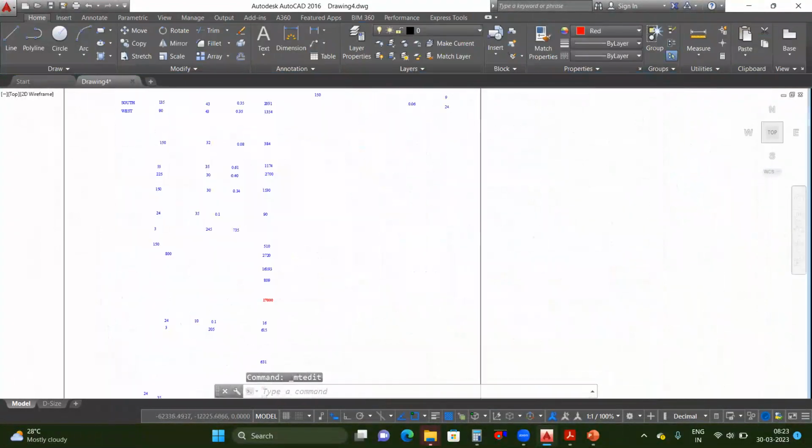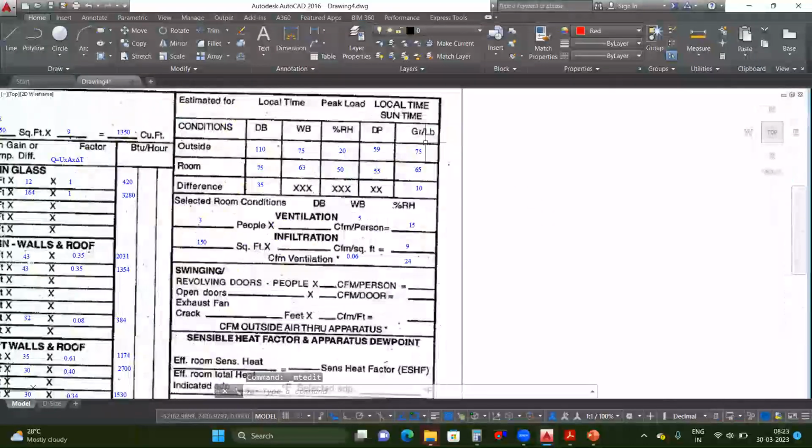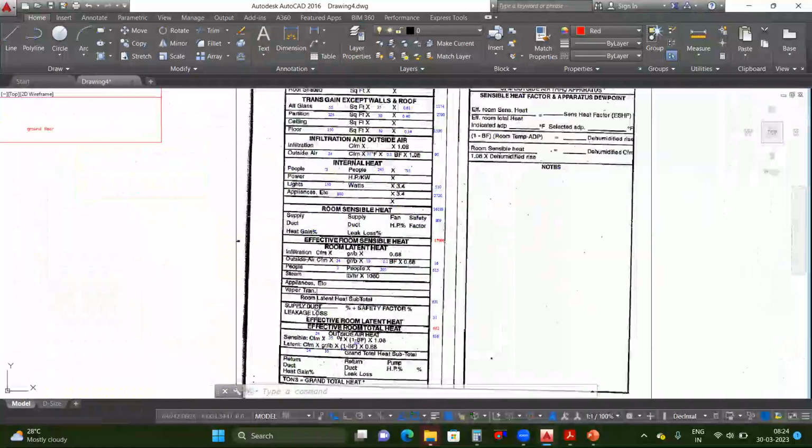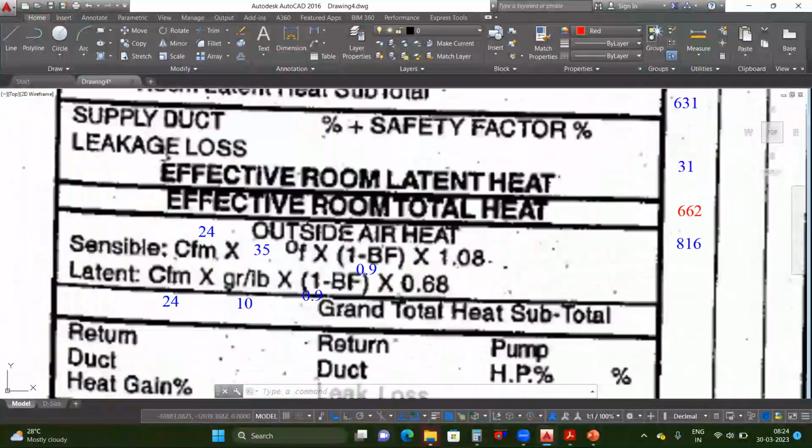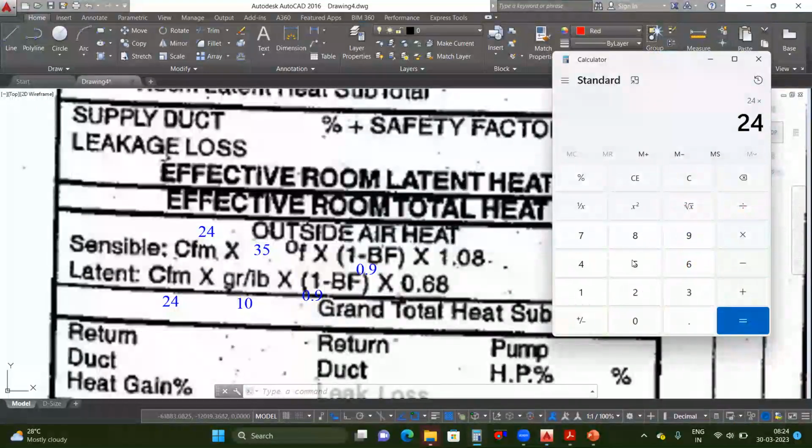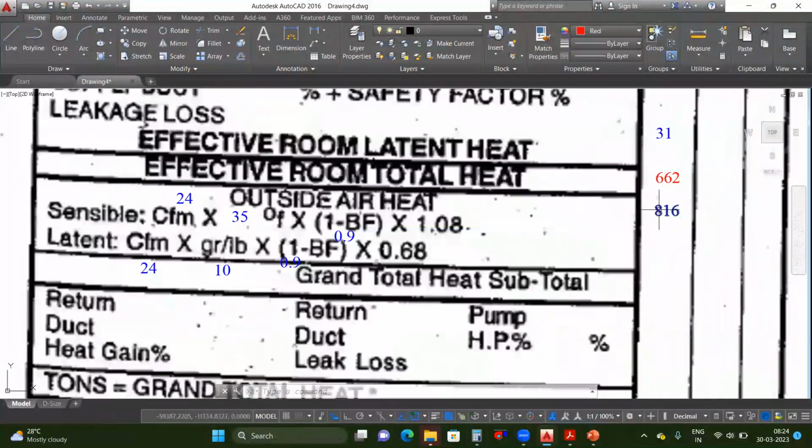This is the inside minus outside conditions difference, a humidity ratio difference of 10. So 24 multiplied by 10 multiplied by 1 minus bypass factor, 0.9, multiplied by 0.68, it is 146.